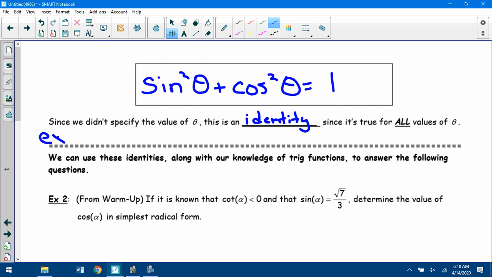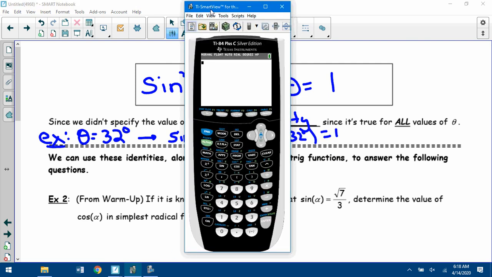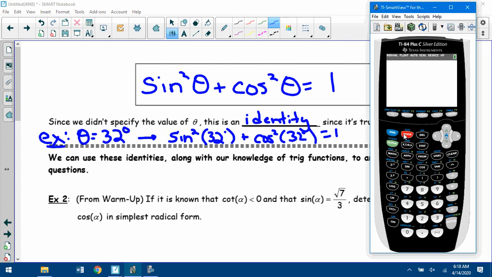So for example, if I pick a random value of theta, let's say theta is 32 degrees. Well then for sure, sine squared of 32 degrees plus cosine squared of 32 degrees has to equal 1. And I'll prove it to you. What mode am I in?